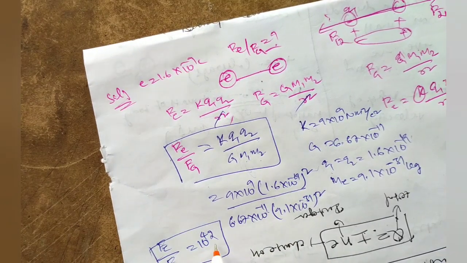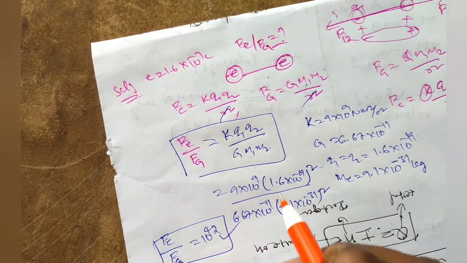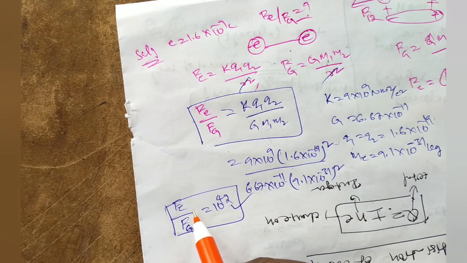This is the ratio of the electrostatic force to the gravitational force.